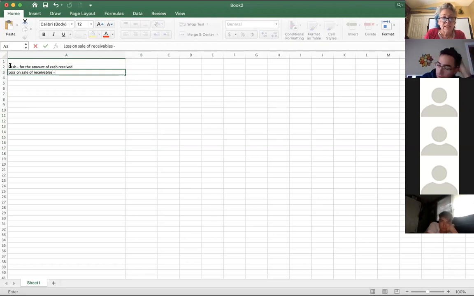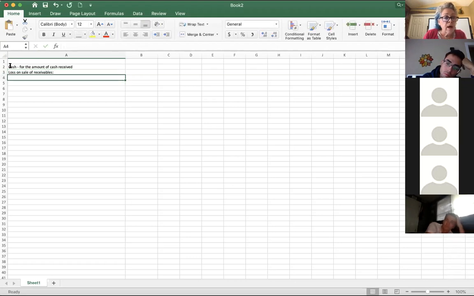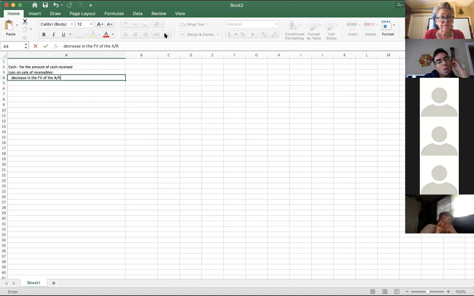And the loss on the sale of receivables is going to equal the sum of three things. It's going to equal the decrease in the fair value of the accounts receivable plus the factor fee.